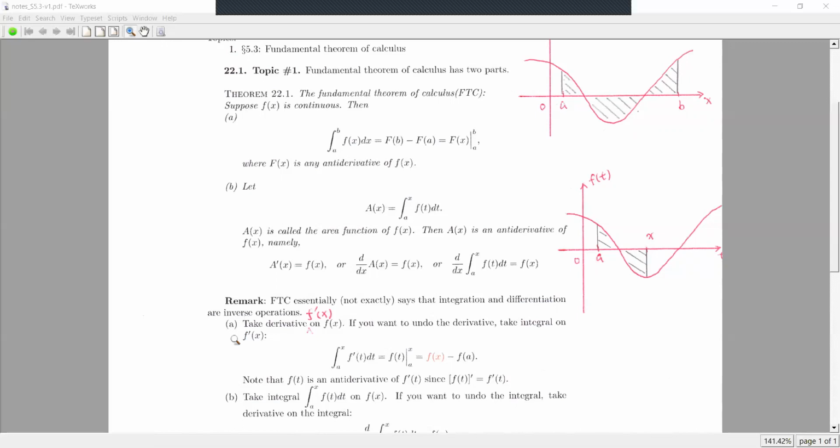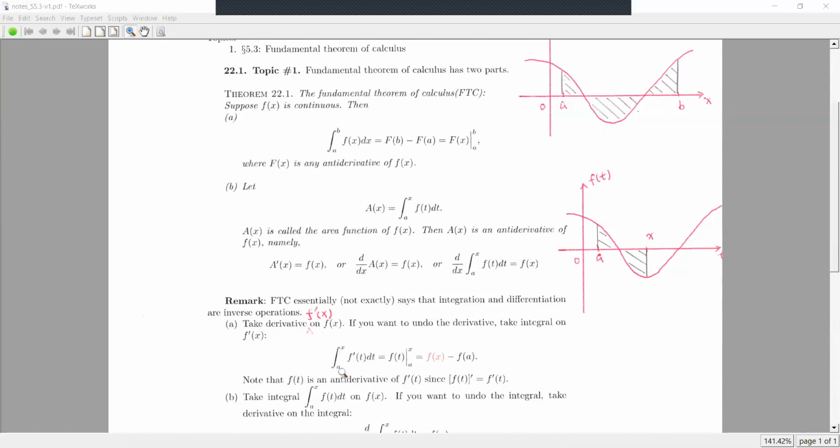Why? Let me explain in more detail. We have a function f. Now, take derivative on the function f. Now, suppose I want to undo the derivative and recover the function f. Then what can we do? We can take integral on the derivative. Here, derivative.